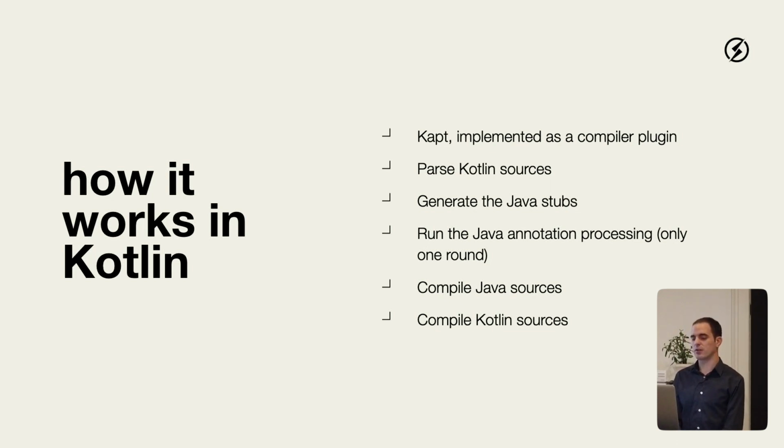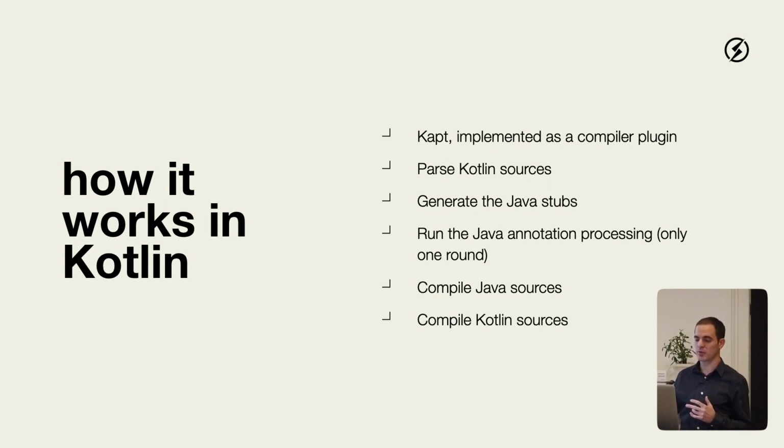It works in a way that it first parses the Kotlin sources as usual. However, there is an extra step which has a big impact on your build time. You have to call the Java annotation processing tool, because Kotlin APT is based on the Java annotation processing.